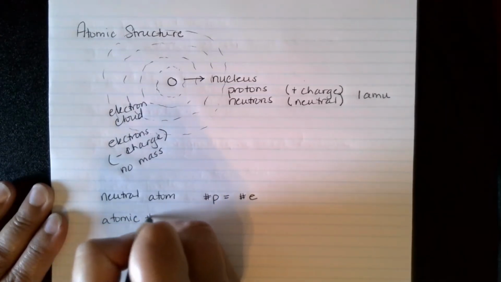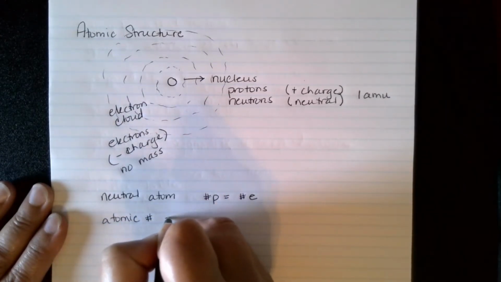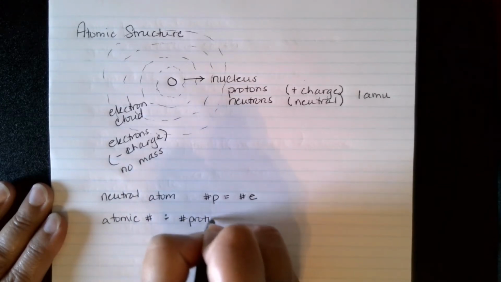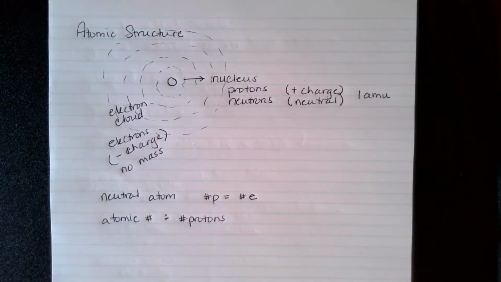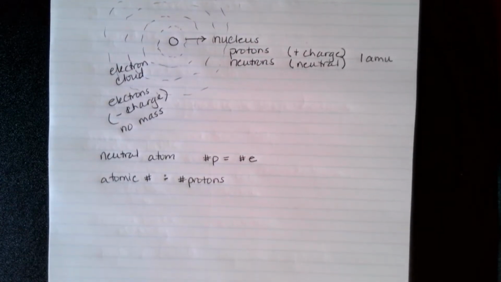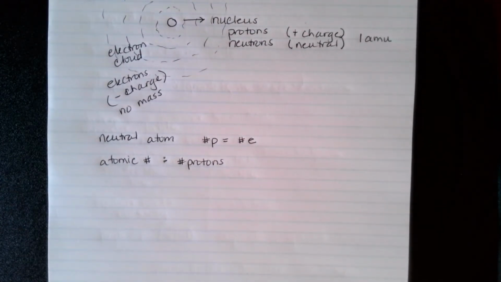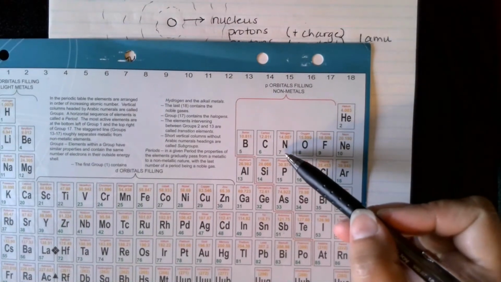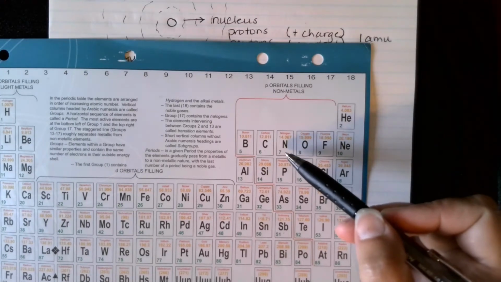And the atomic number is telling us the number of protons. If it's a neutral atom, meaning it doesn't have a charge, then we know that's the same number as the electrons. So if I look at, let's say, nitrogen, its atomic number is 7, so it would have 7 protons and 7 electrons.